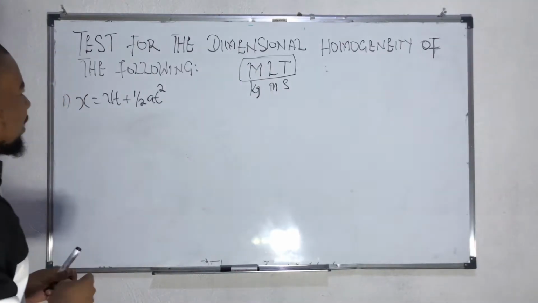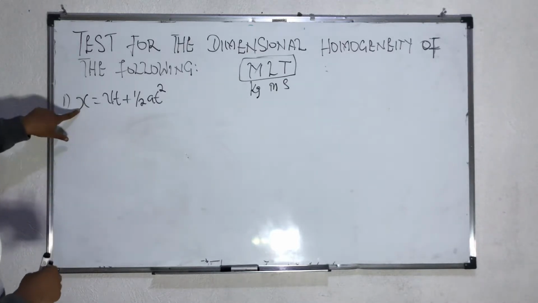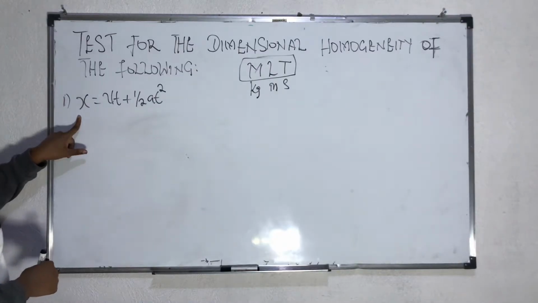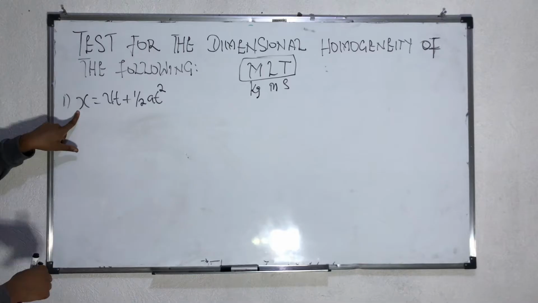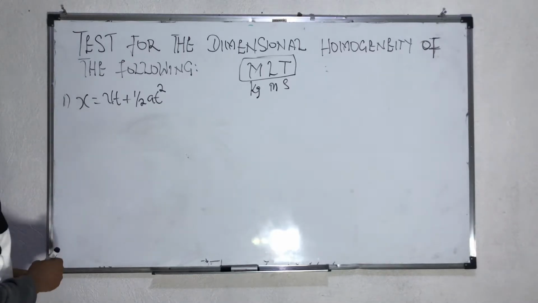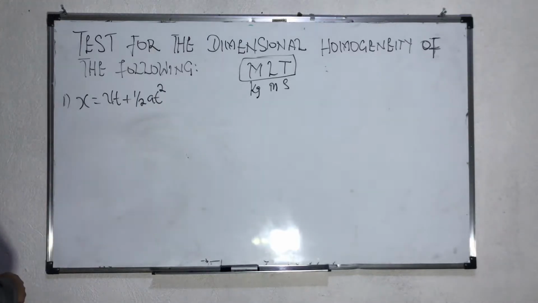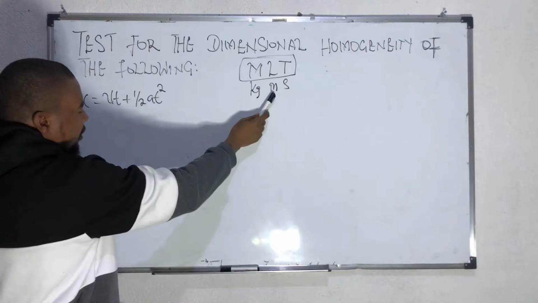And what this means is that, for example, as x is displacement, which is measured in meters, we are going to replace x with L on the left part. Here is what I mean. Remember that x is displacement, and displacement is measured in meters.